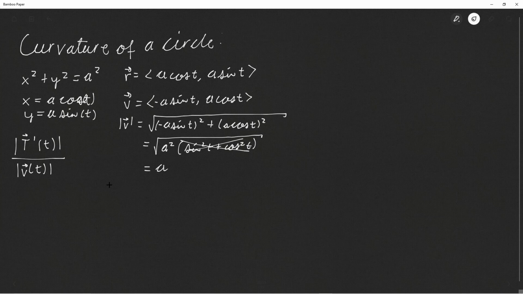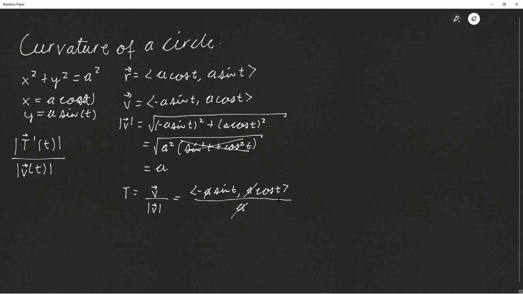And since we have to find our tangent vector, which is going to be equal to our velocity vector divided by the magnitude of the velocity, this is going to be equal to negative a sine of t and a cos of t divided by our magnitude, which is just a.